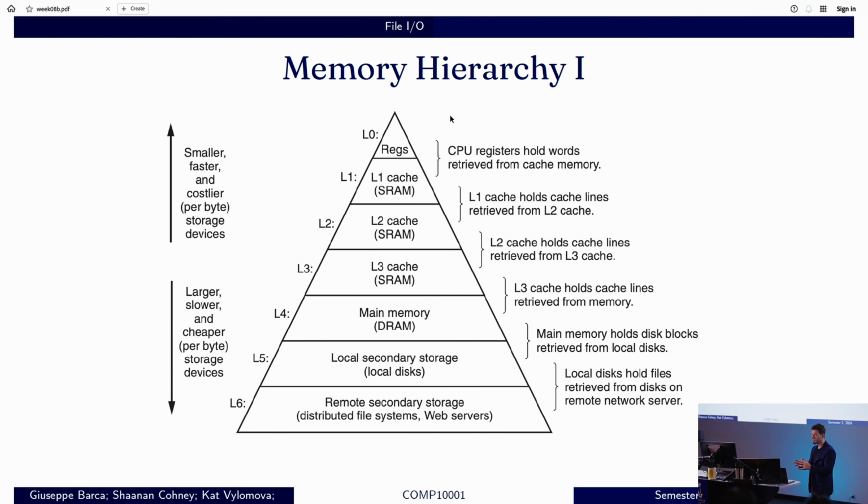Then we have L3, and L3 these days has become enormous, at least for me, probably for you this will be normal numbers, but they are between 4 and 64 megabytes, which is the largest seen to date. And usually it is a unified L3 cache across all the cores in your system. How fast?